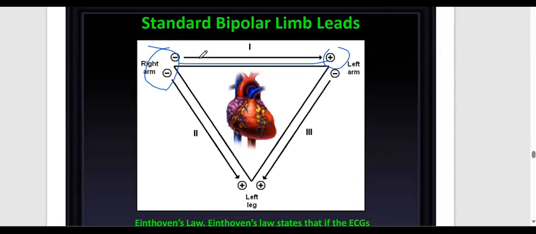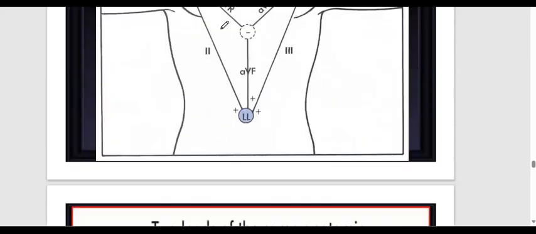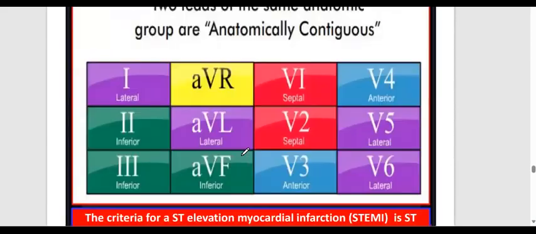So lead one is negative to positive, lead two is negative to positive, lead three is negative to positive. All the directions are negative to positive. I am explaining this only for some understanding, but practically we are not doing that. This is Einthoven's way.